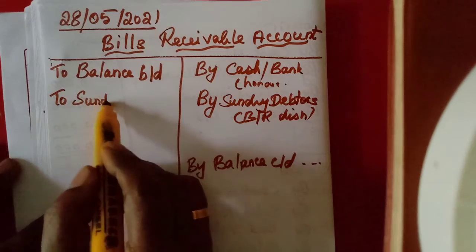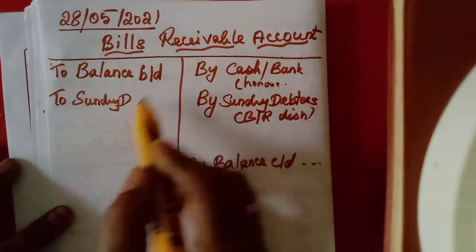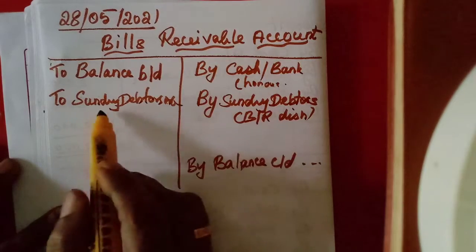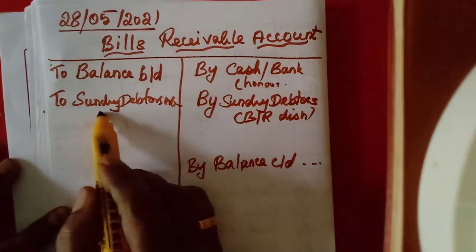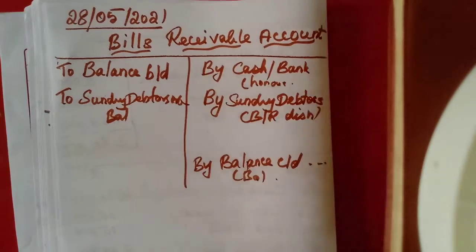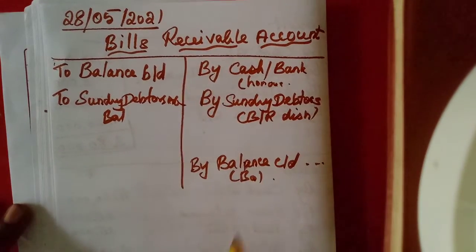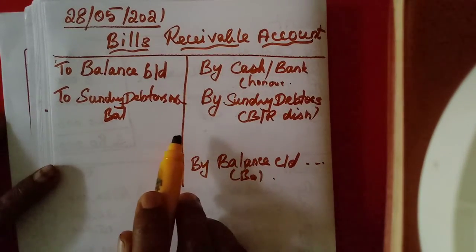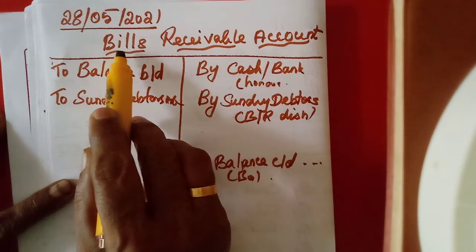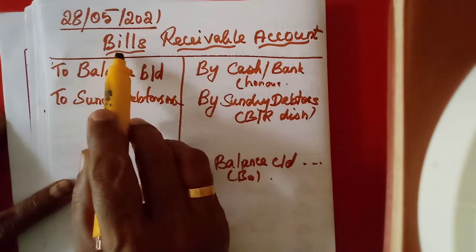When we receive bills, we write bills receivable account debtor to sundry debtors account. Either this one will be the balancing figure or the other will be.